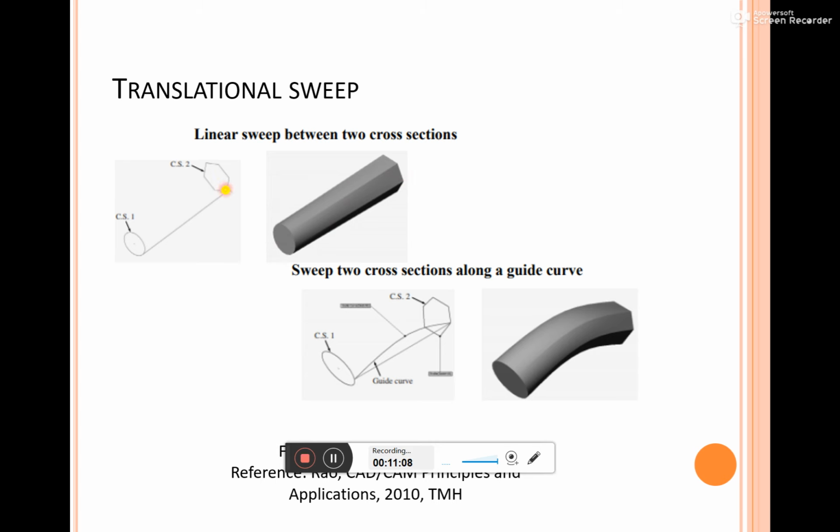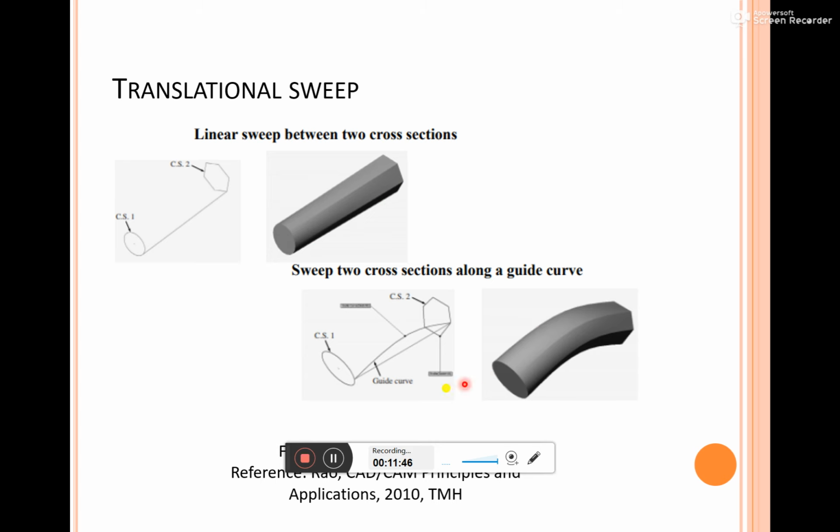So we have to develop those cross sections, and to get that solid translation sweep, we have to connect cross section 1 with cross section 2. In the CAD software we select the translation sweep option. It will sweep the entire solid object from cross section 1 to cross section 2. That option comes under the translation sweep.